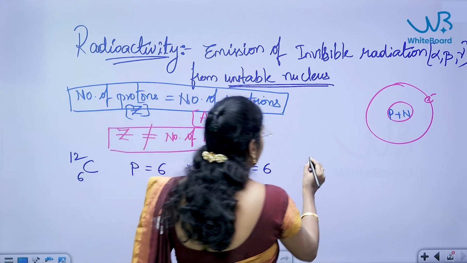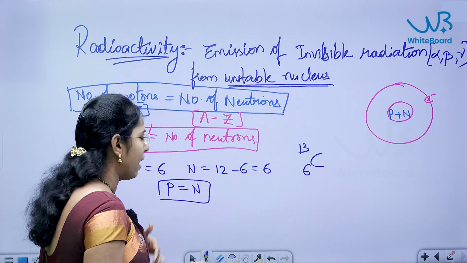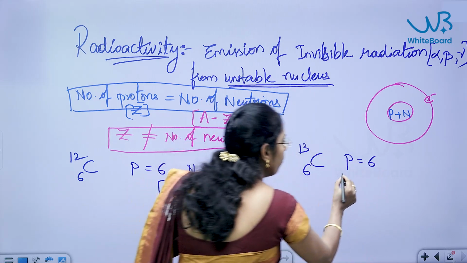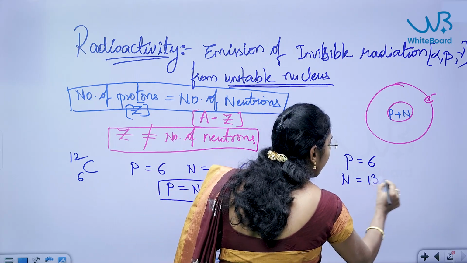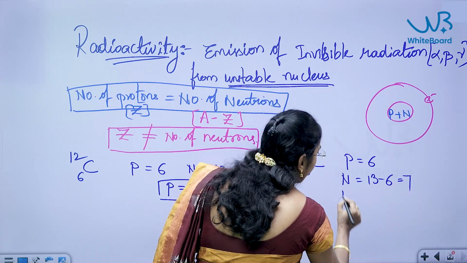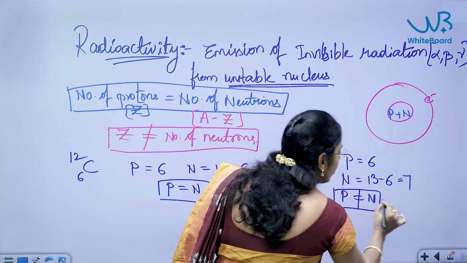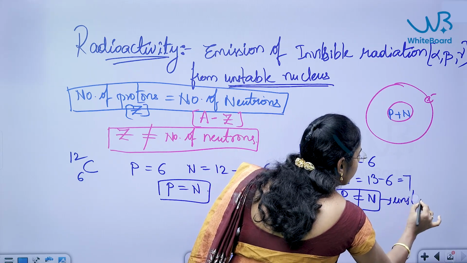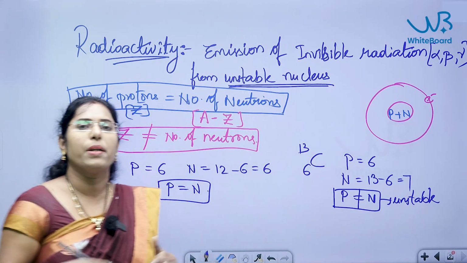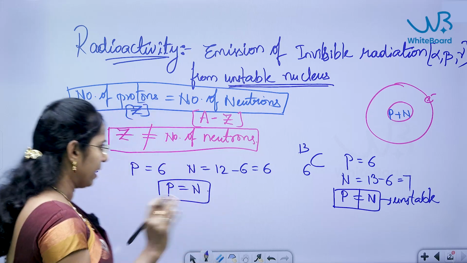Whereas, take one more example, carbon-13. The number of protons is 6 and the number of neutrons is 13 minus 6, which is 7. Here protons are not equal to neutrons, therefore it is said to be unstable. In order to achieve stability, it emits radiation in the form of alpha, beta, gamma particles.